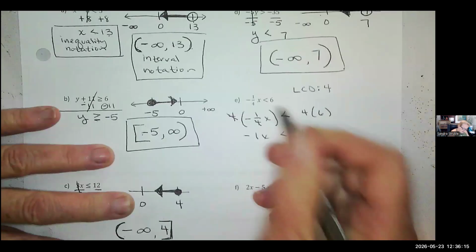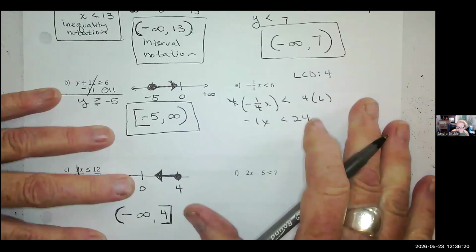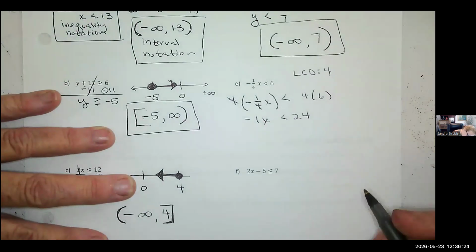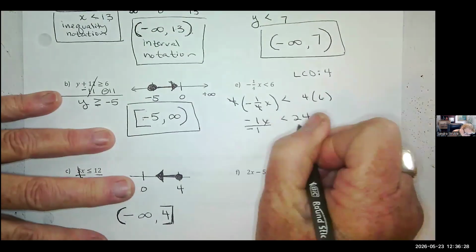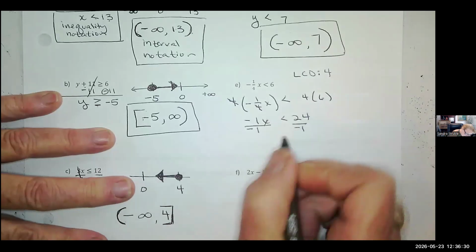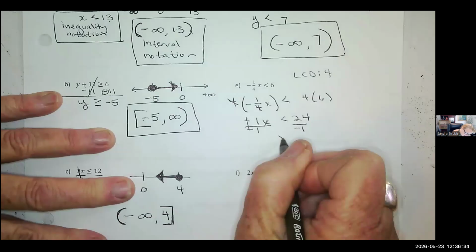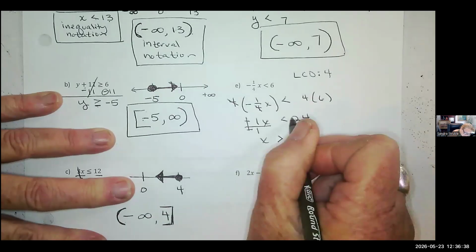Now we can get rid of the -1 by dividing through or multiplying both sides by -1. I'm just going to divide because that seems to make sense to most students. When you divide by a negative, the inequality must flip. So x is now greater than, a positive divided by a negative is a negative, and it is 24.